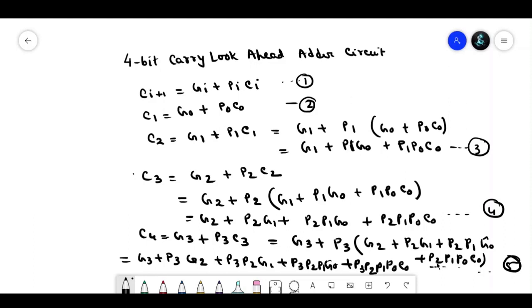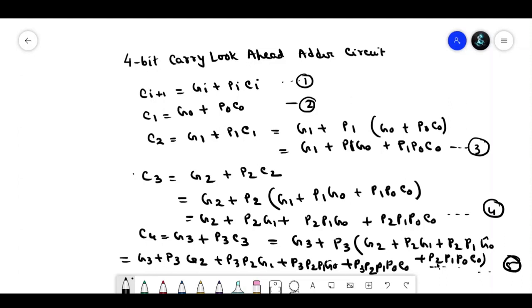So equations 2, 3, 4, 5 suggest that C1, C2, C3, C4 can be generated directly from C0. It is independent of C1, C2 like this. The output is only dependent on C0, the initial carry.